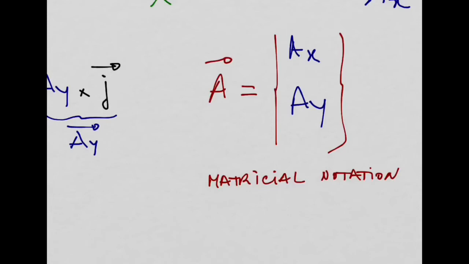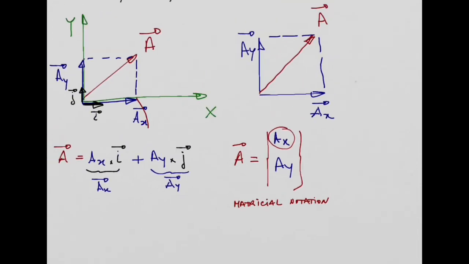So this is very easy to understand. So the first component here is the component of the vector in the x direction, is this one. Okay? While this component here, the second one, is the component in the y direction, this one here.